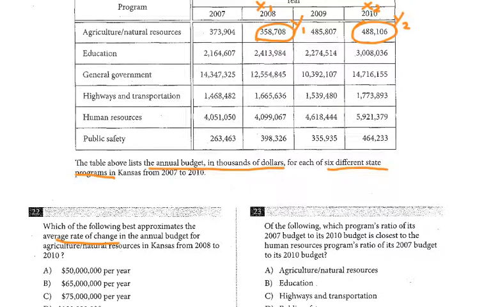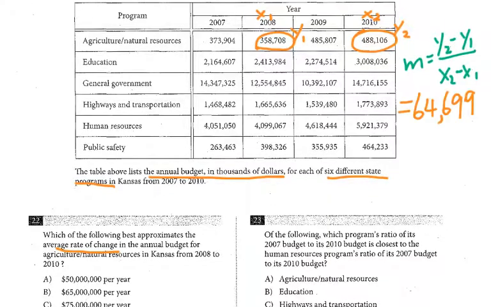So using the slope, Y2 minus Y1 over X2 minus X1, you will get around 65 million per year. So the answer is B.